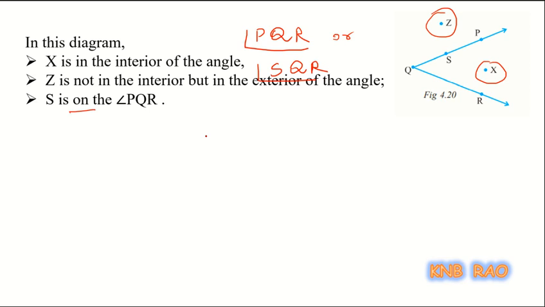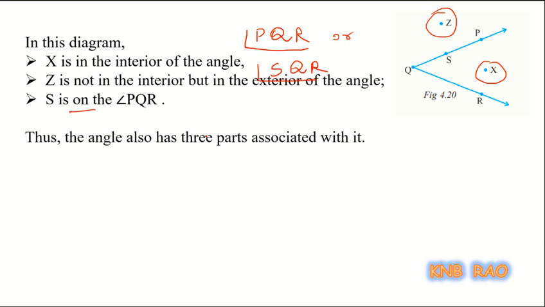Thus the angle has three parts associated with it. Which are they? Interior, exterior, and boundary.